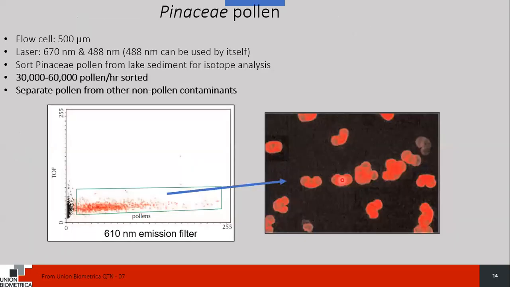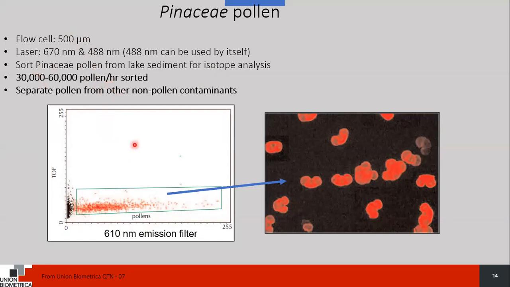On this slide, I'm showing you data from pine pollen that was collected from lake sediments for isotope analysis. The sediment sample is cleaned up a little bit to give us a uniform size, and then run through a COPAS instrument with a 500 micron wide flow cell, looking at autofluorescence in the area of around 610 to sort out these pollen away from other material in that sample.